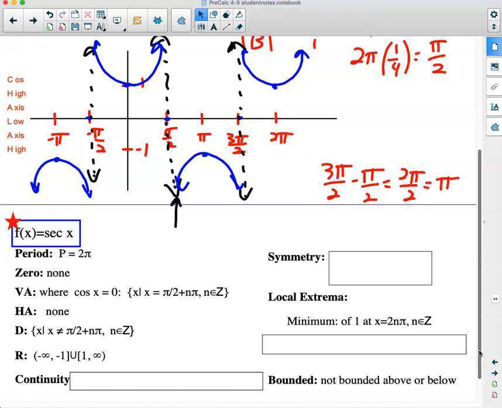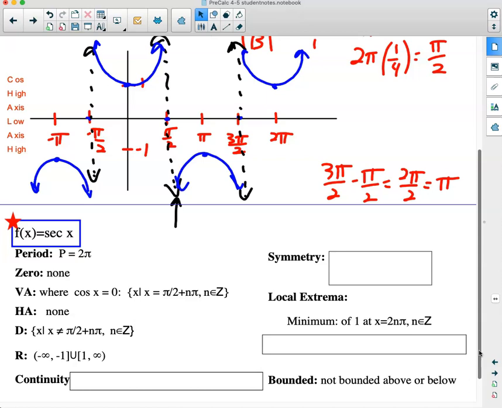And we realize that's the spacing of the asymptotes. They're pi units apart. So we have, for the vertical asymptotes, x equals pi over 2 plus n pi, where n is the set of all integers. And that will make those vertical asymptotes show up where we need them.